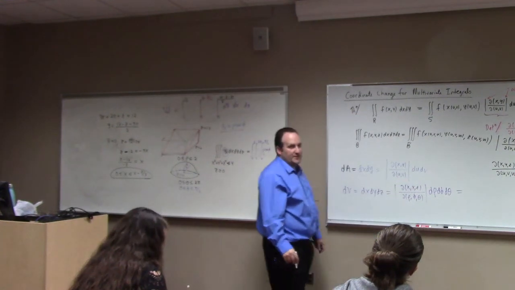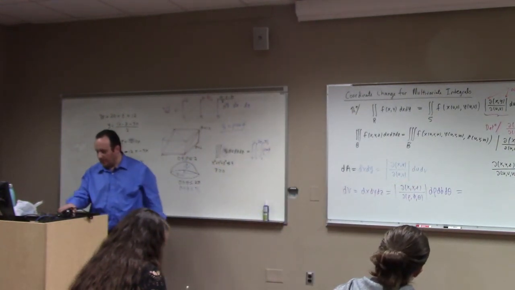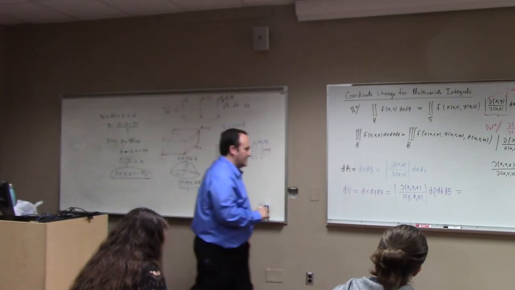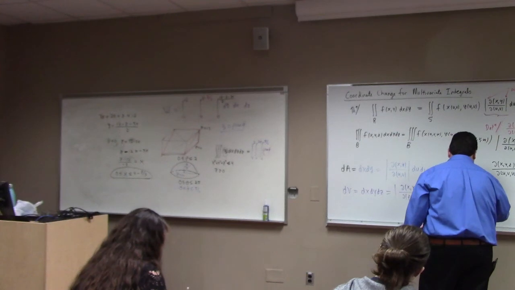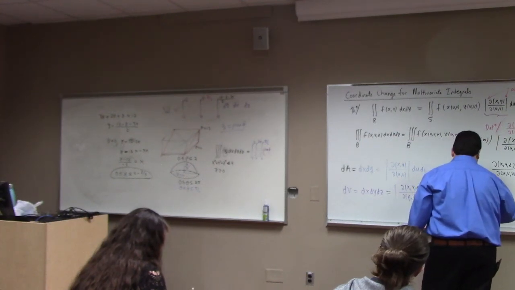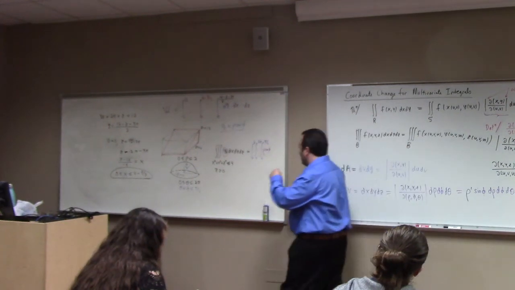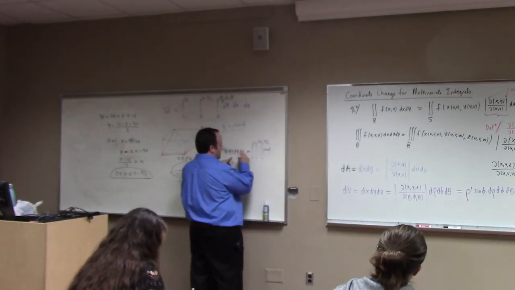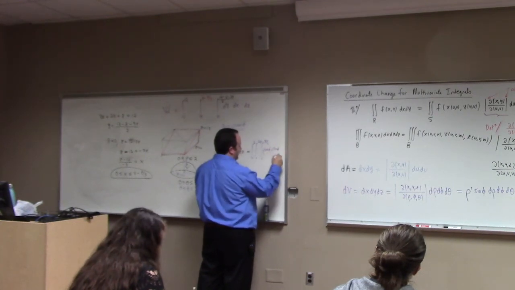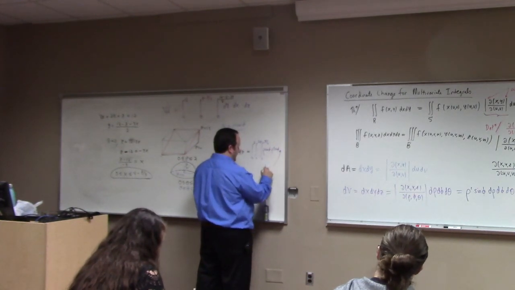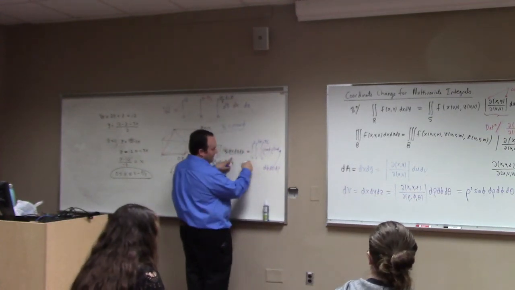That's a 3x3 determinant, which I will work out in gory detail probably tomorrow. I will just tell you, for the moment, this works out to rho squared sine phi d rho d phi d theta. And so when we change the measure, this puts in a rho squared sine phi. And I have to be careful here. This should be d phi d theta d rho because of the order of the bounds.